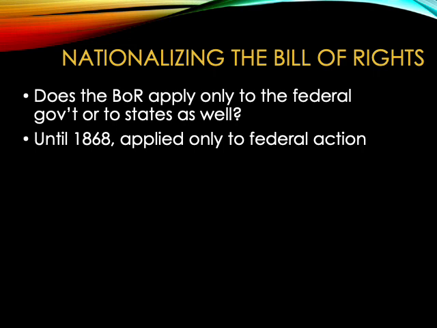And really, when you look at the Bill of Rights and it has that word Congress, it's sort of like, well, the intent is that the Bill of Rights applies to the Congress, the federal government, not to the actions of the state. And in fact, in a landmark case that came before the Supreme Court in 1833 called Barron versus Baltimore, that question about whether the Bill of Rights applies to the state came to the court.